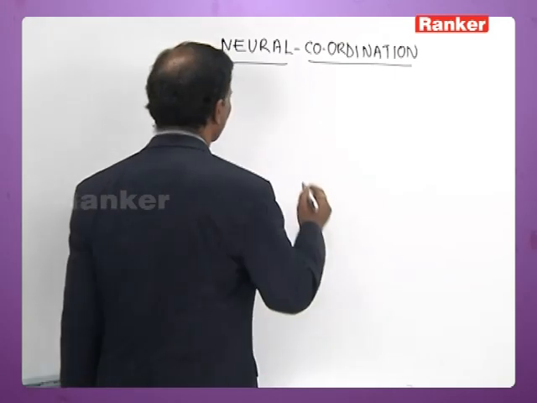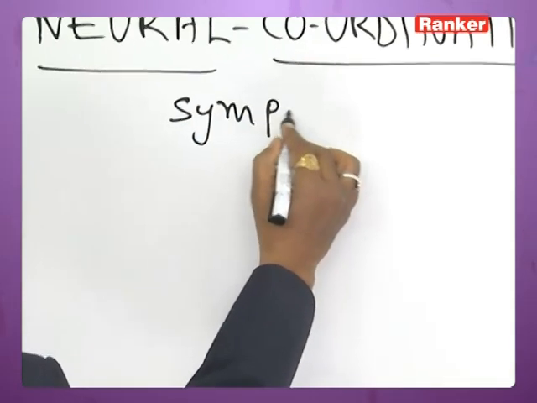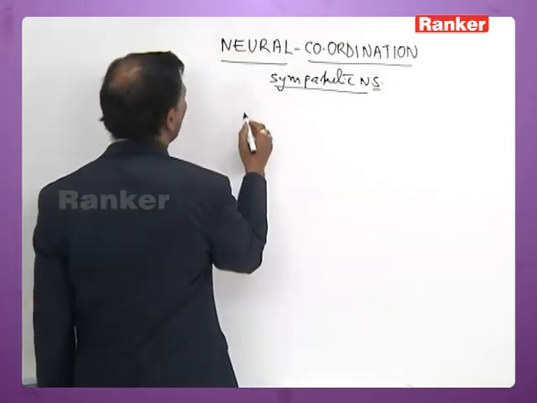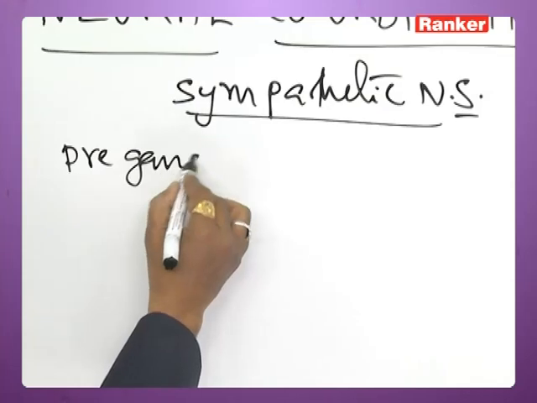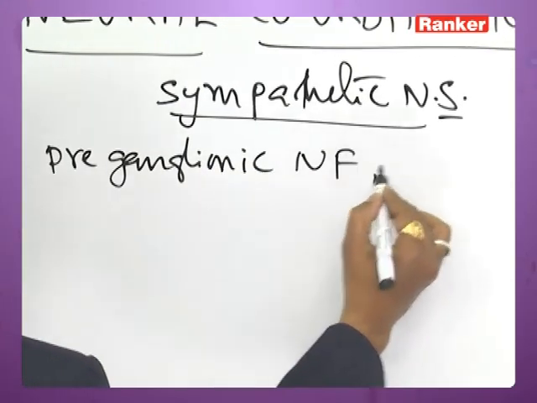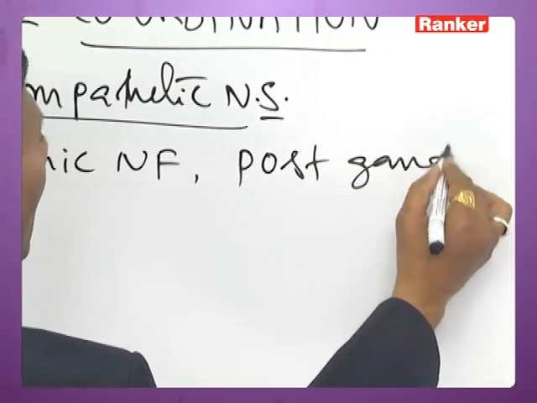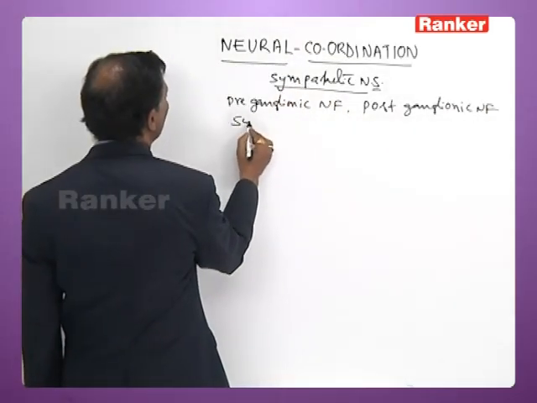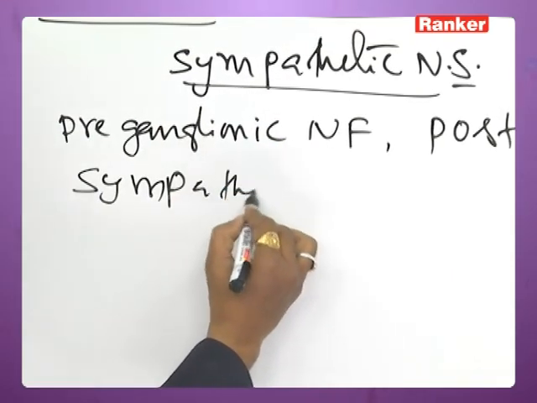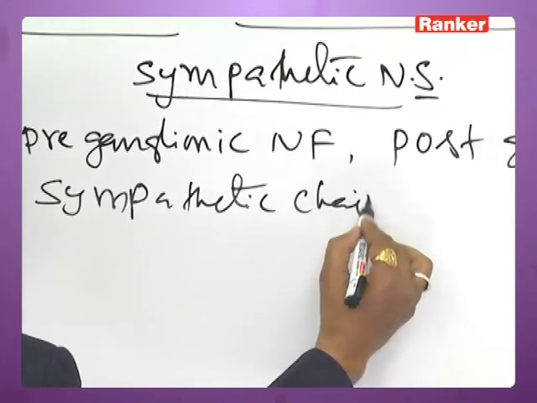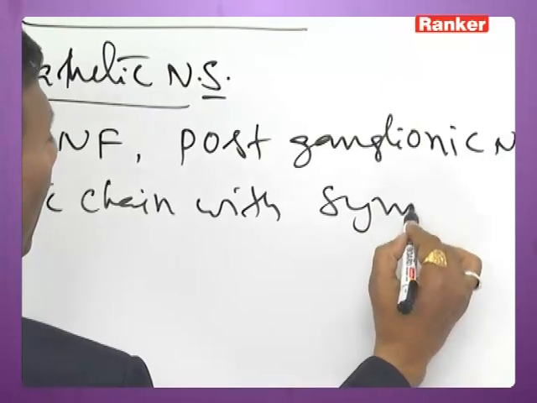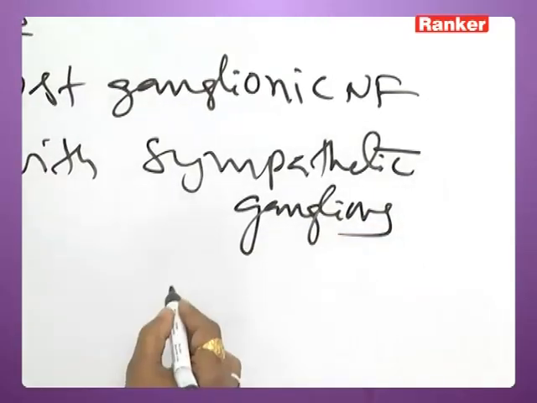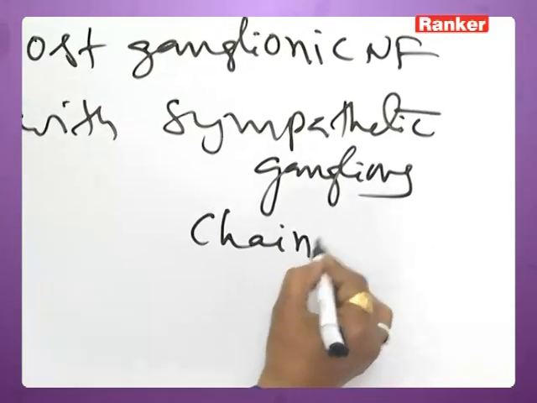Now the sympathetic nervous system consists of preganglionic nerve fibers, postganglionic nerve fibers, sympathetic chain with sympathetic ganglions, which are also called chain ganglions.